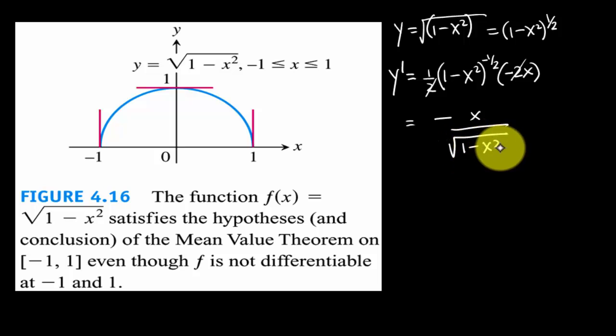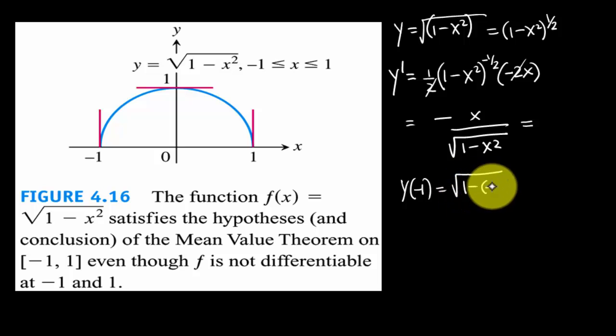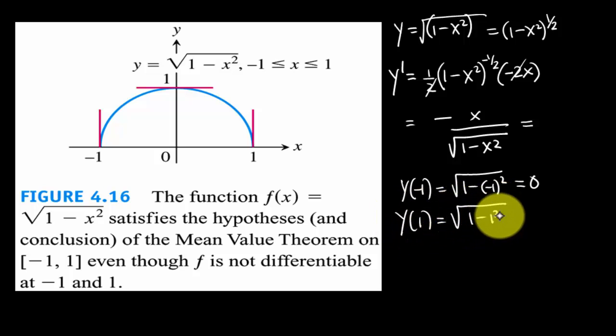So what did we do? We took the derivative, and then the next thing we'll do is take y of negative 1, which is the square root of 1 minus negative 1 squared, and that's just equal to 0. Y of 1 is the square root of 1 minus 1 squared, and that's 0. So this is your f of a, this is f of b.